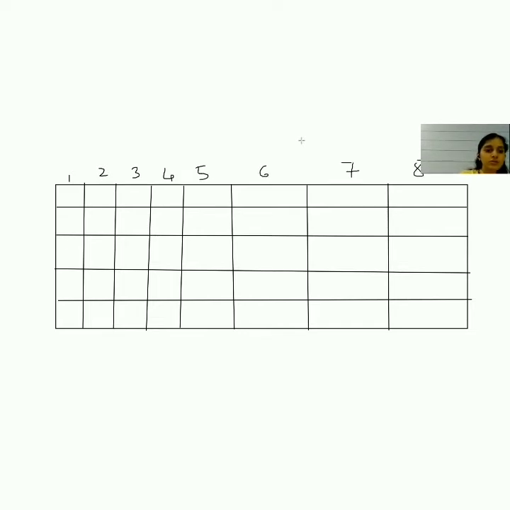So this will be P, Q, negation P, negation Q. Negation P and negation Q over here.